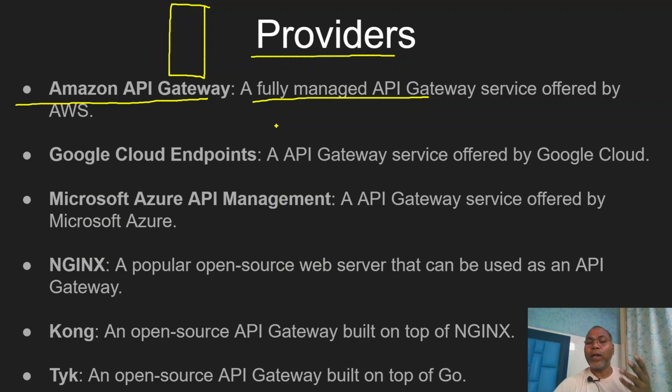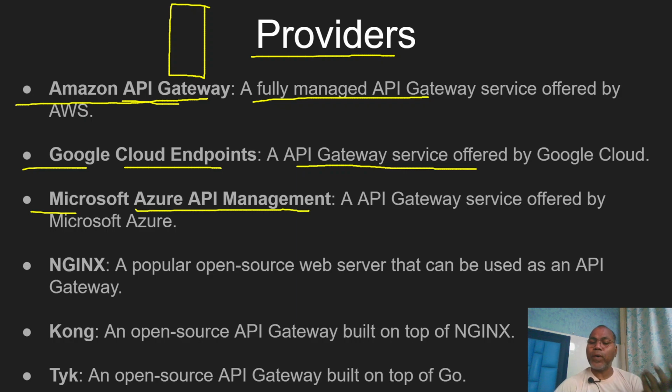If you are planning to deploy your application on the AWS cloud, just take the managed API gateway service that AWS provides. Similarly, Google and Microsoft are very big cloud computing resource providers. Google offers Google Cloud Endpoints or API Gateway on Google Cloud, and similarly Azure API Management is the API gateway offered by Microsoft Azure.